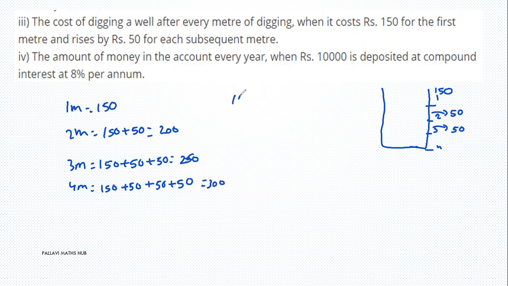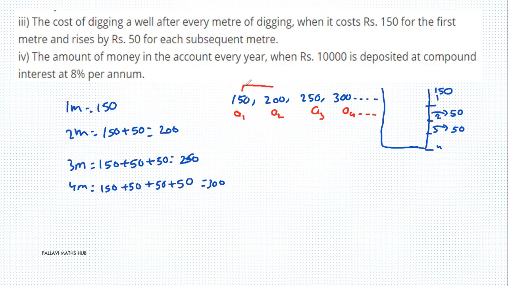Now write it in order: 150, 200, 250, 300, goes up to infinity. Now call these A1, A2, A3 and A4.